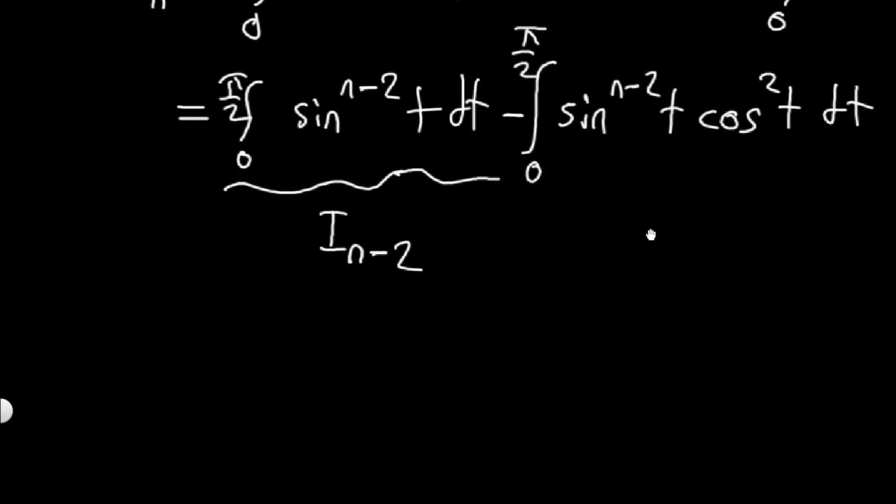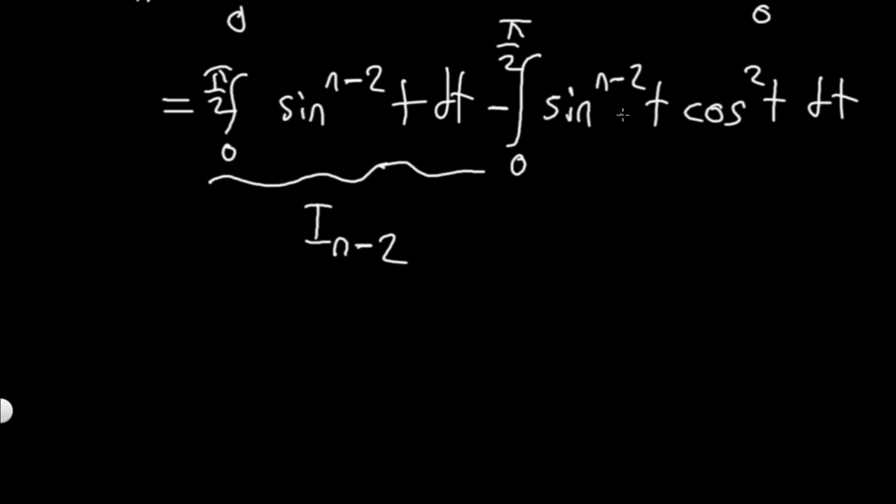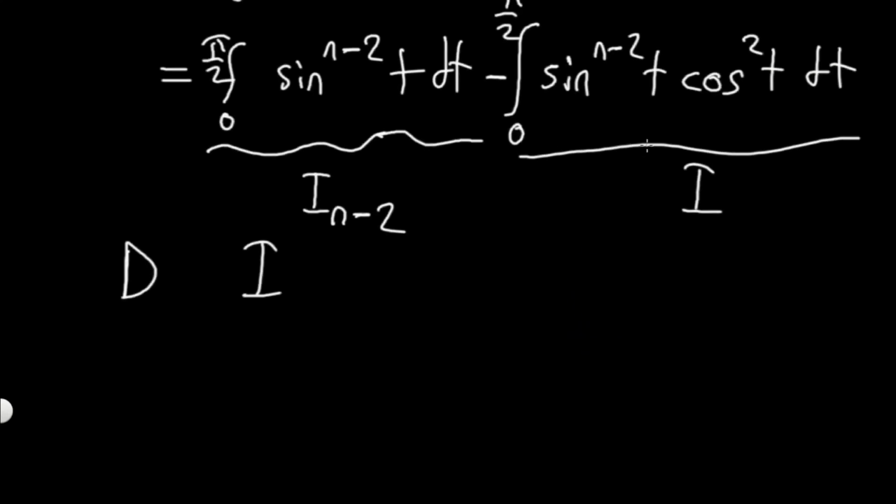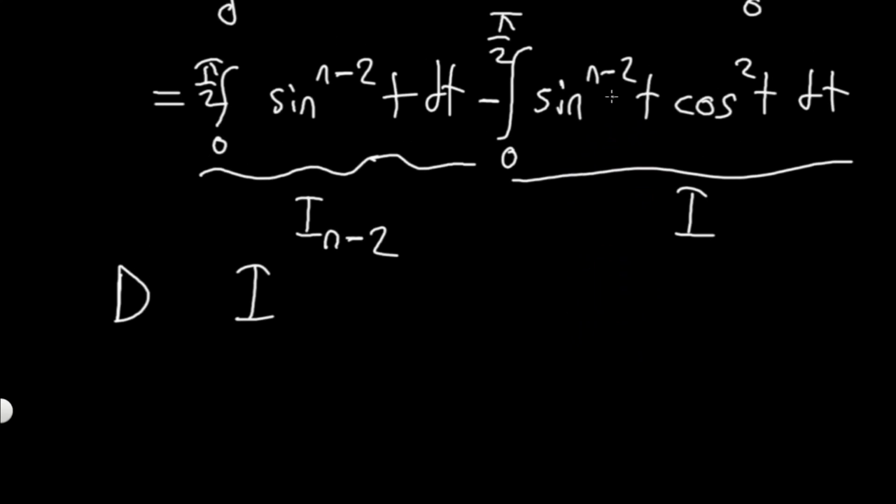So let's try to do this integral by integration by parts, using the tabular method. Let's just call this I, since we didn't use I for something else. To integrate this, I can take sine n minus 2 t for the derivative.